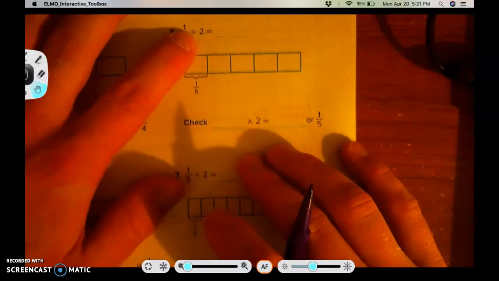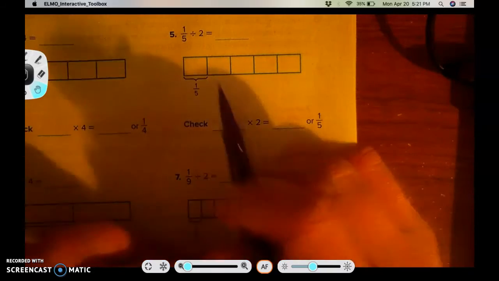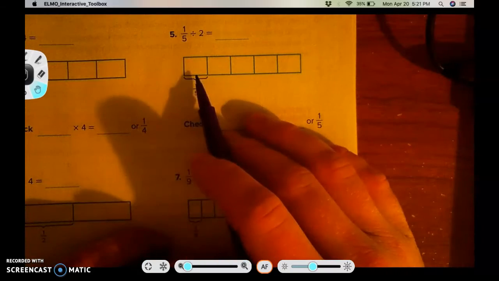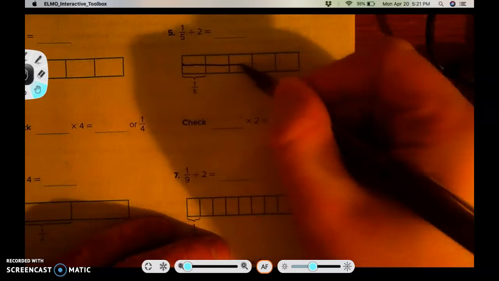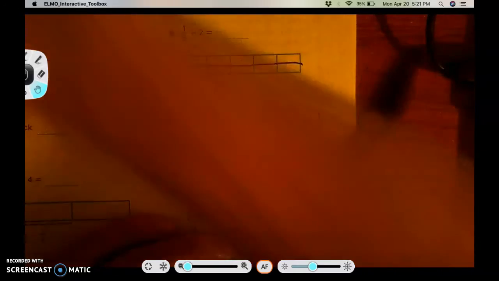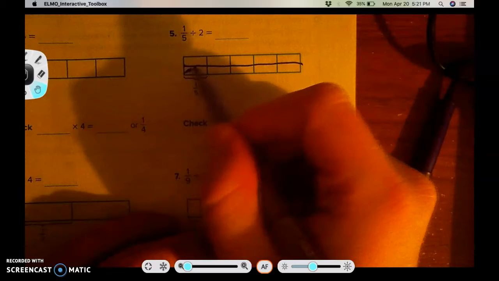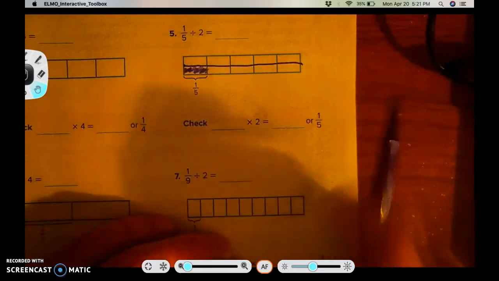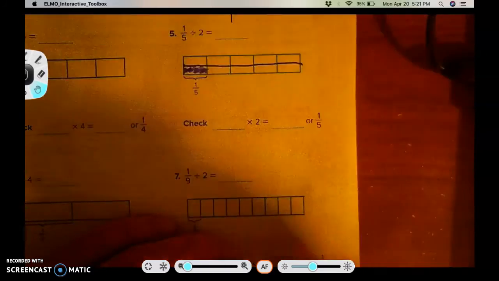1/5 divided by 2. So again, here's our fifth representing this whole. We're looking at 1/5, and we want to split it in half. Where it intersects here, because I split it into two pieces, I want to see how many do I have shaded. 1.